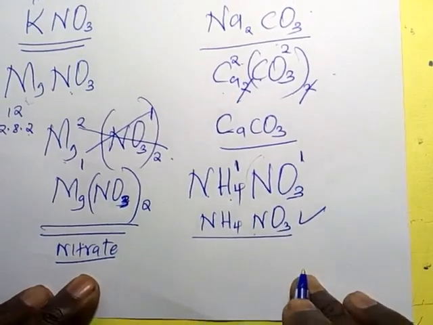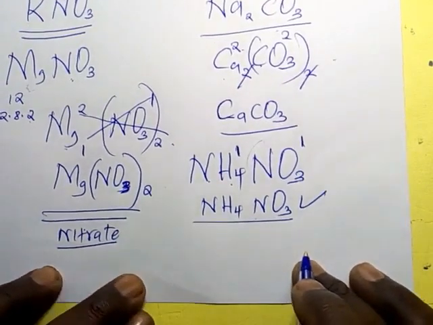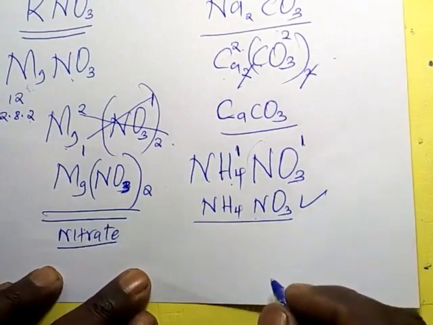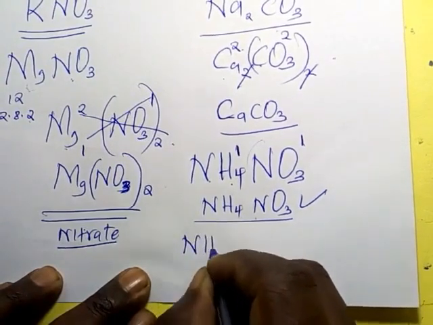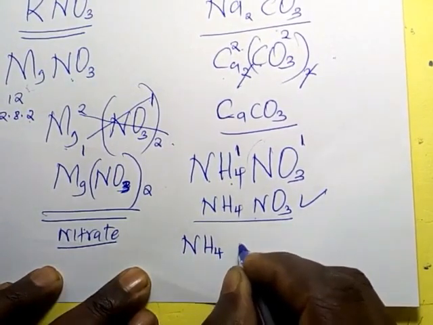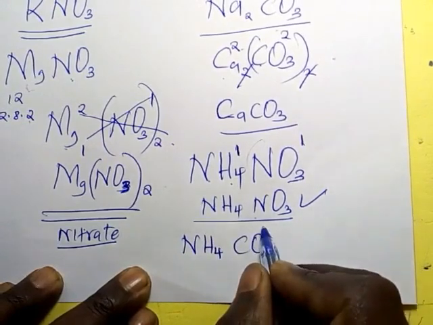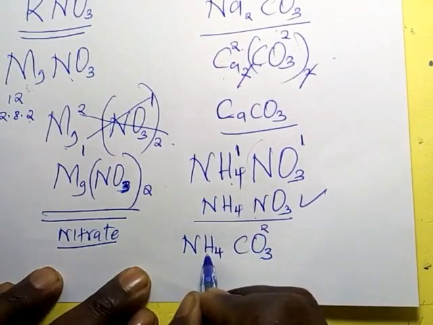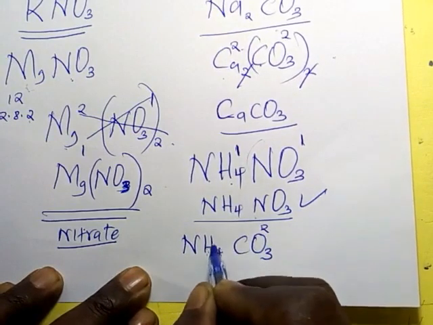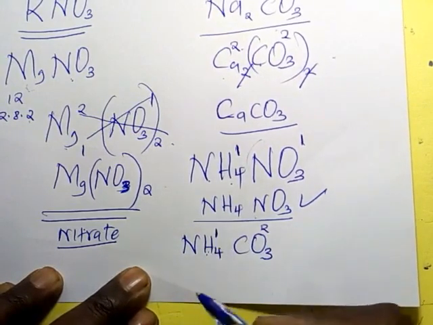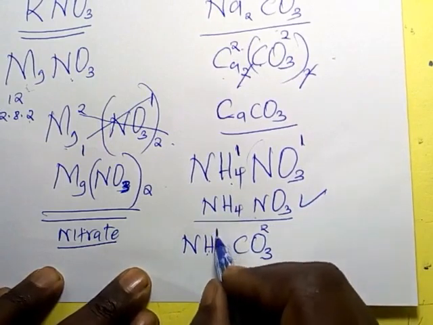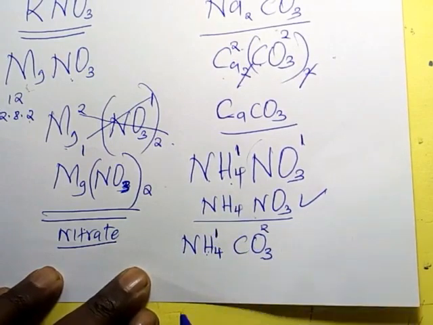It is fine. But what if I wanted to write ammonium sulfate or ammonium carbonate? So ammonium carbonate. I know the carbonate has a valence of 2. I know the ammonium has a valence of 1. Whether it is positive or negative, it doesn't matter. The thing is 1 or 2 or 3, the valence.